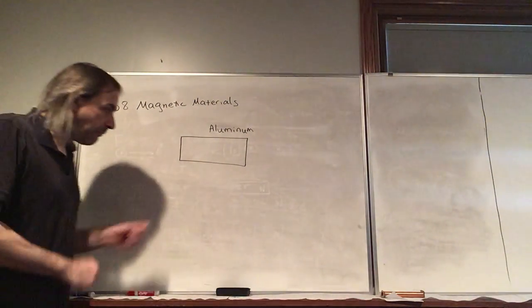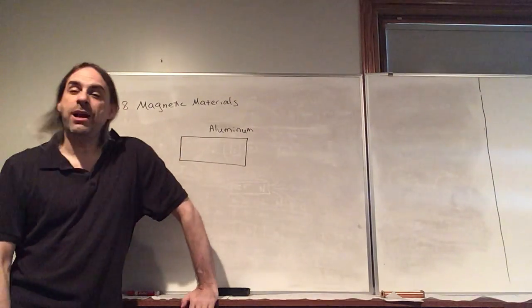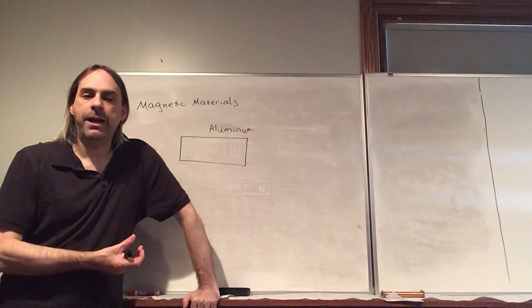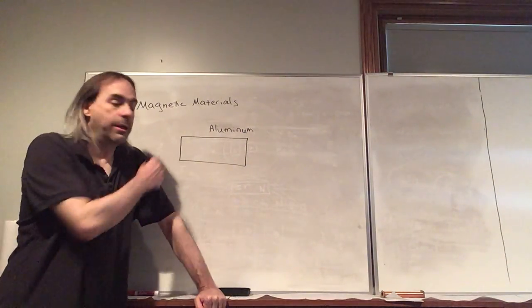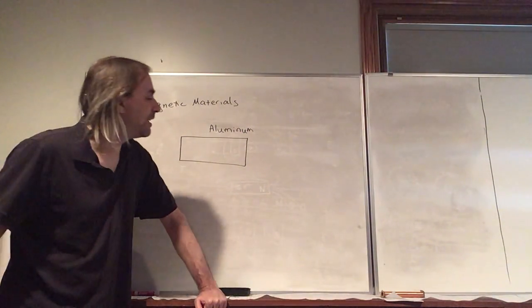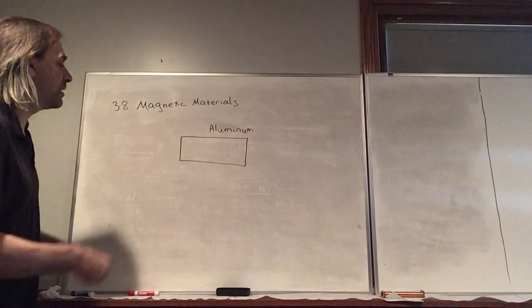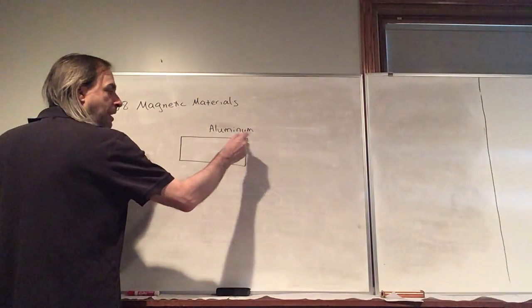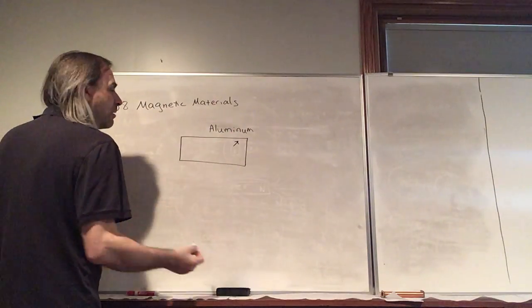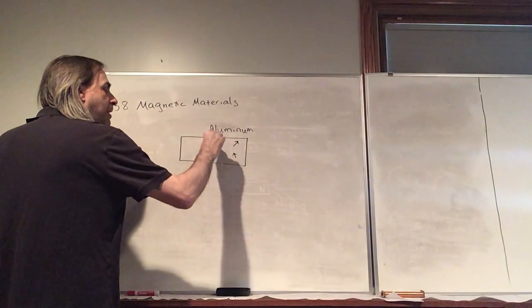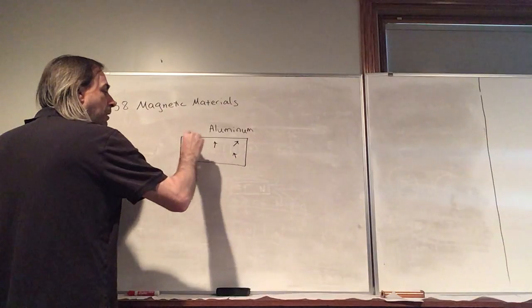Okay, so every atom acts like a tiny magnet. So if we have this block of aluminum, why doesn't it act like a magnet? The reason is, if you look at an atomic scale, we can represent each atom as a little bar magnet. Let's say the arrow points to the North Pole, except they're totally randomly oriented.